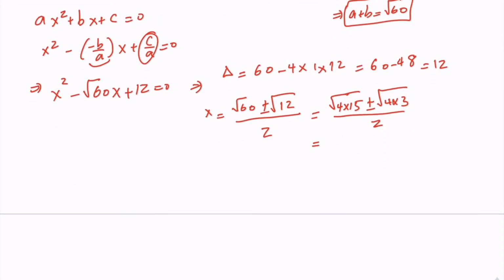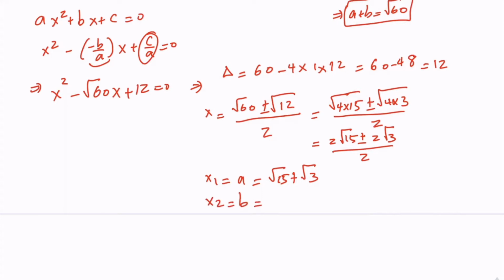And we know that this is 2 square root of 15 plus or minus 2 square root of 3, divided by 2. So x1, which is a, for example, is square root of 15 plus square root of 3, and x2, which is b, will be square root of 15 minus square root of 3.